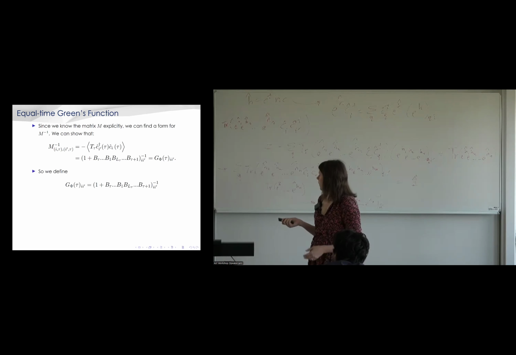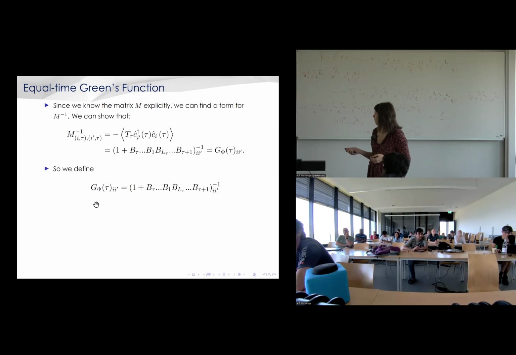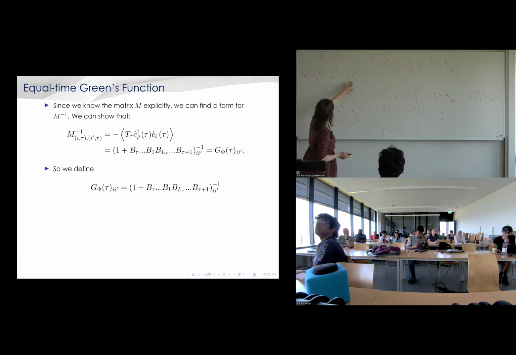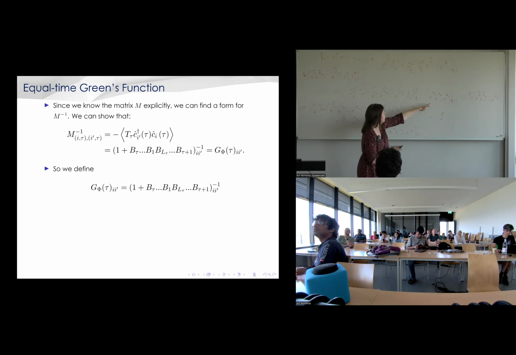And this is a definition. Johannes will use the G for the Green's function. For an equal time, we just put 1 tau to represent the particular time we're at, because the other thing to notice with the B matrices is it's going to matter where these things were located, because that'll determine the order that you see these e to the H's wrapped around.